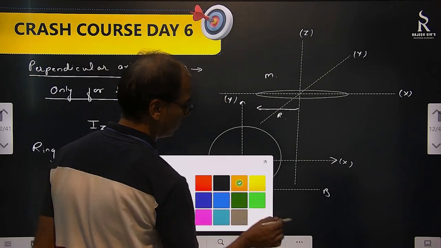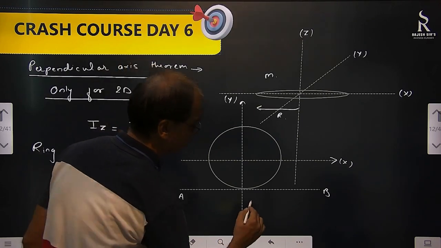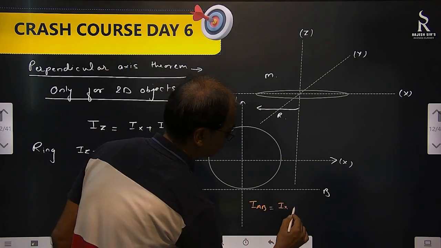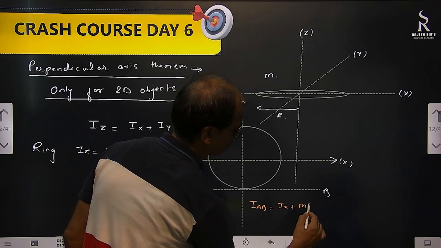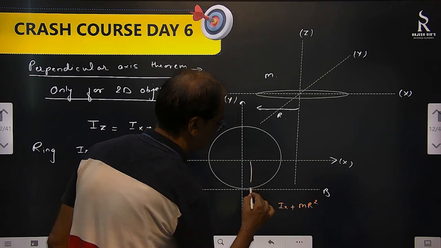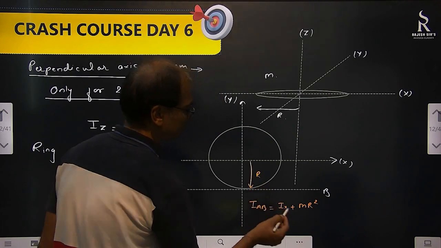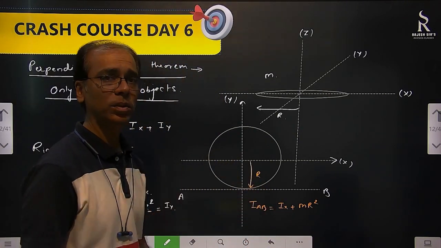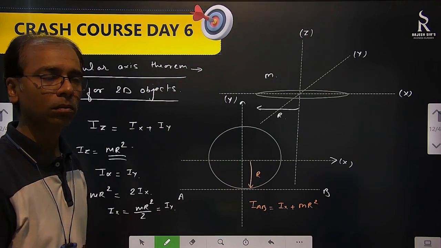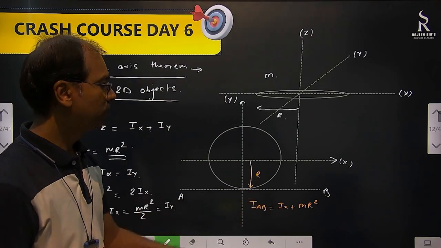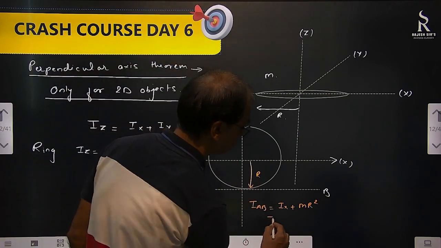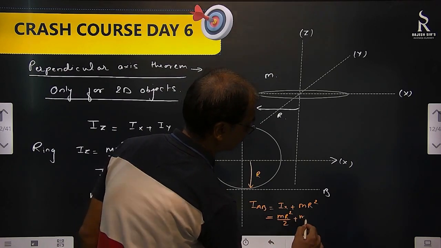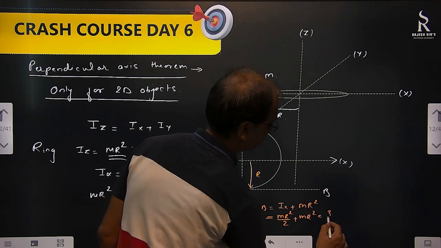Earlier we were not able to find, but now we can. How? Because I can write IAB is equal to Ix plus mr square, because this distance is r. What I did? I used parallel axis theorem, because Ix is passing through center of mass only. So IAB equal to Ix plus mr square. Ix is what? Mr square by 2. So mr square by 2 plus mr square. It's 3 by 2 mr square.